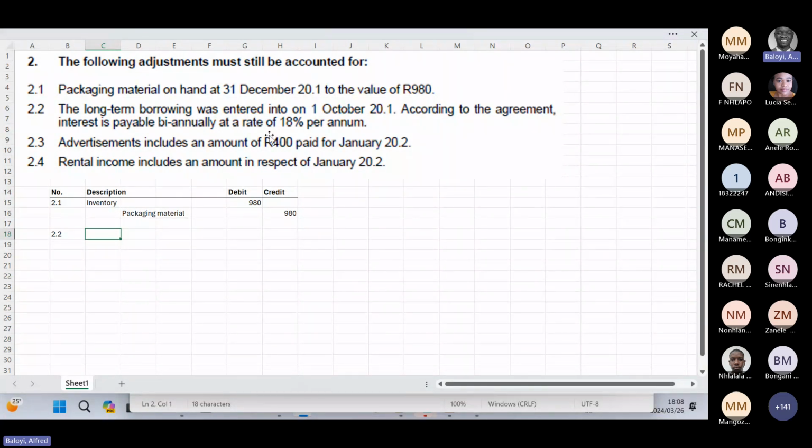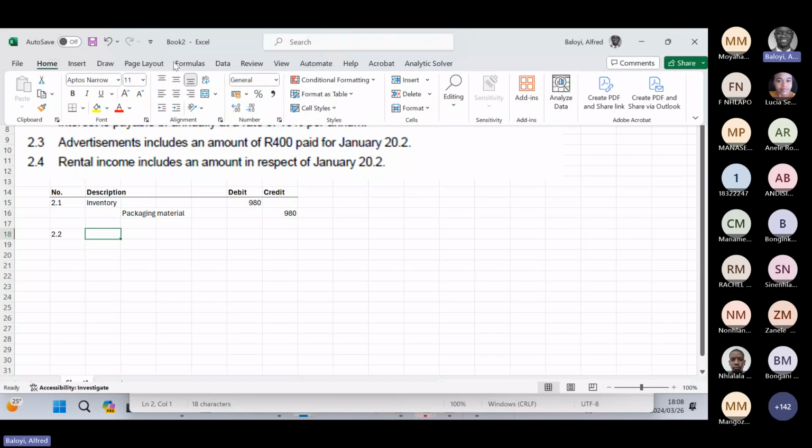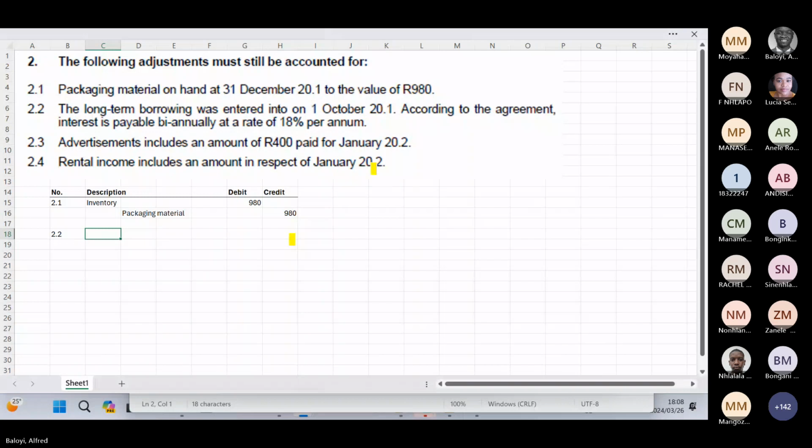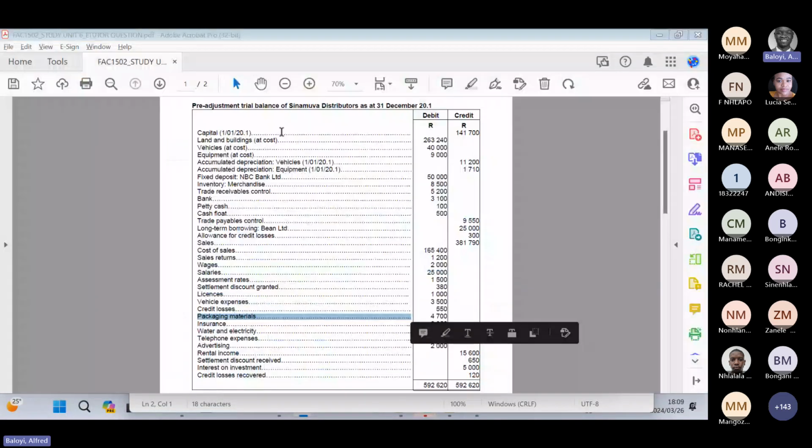So what's really important to note is the date, which is 1 October. Compare it with the financial year end, which is 31 December 20.1.